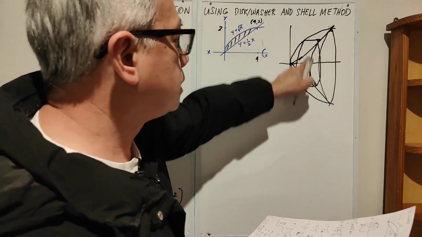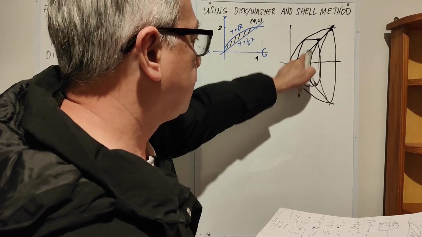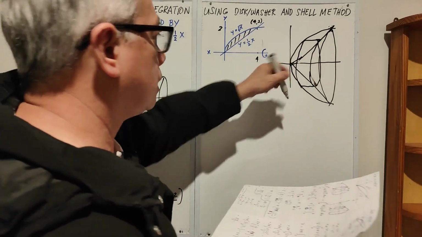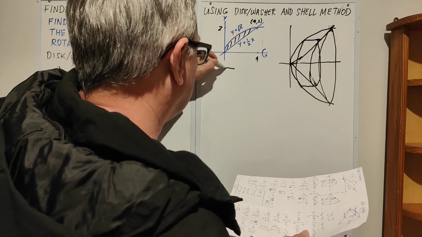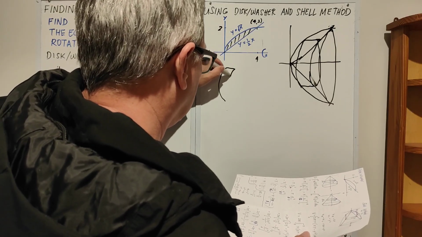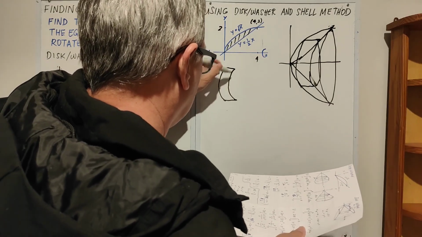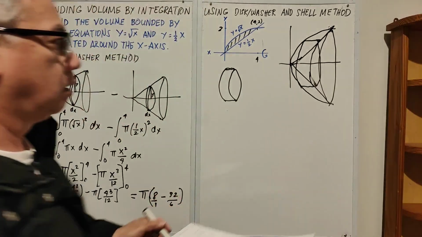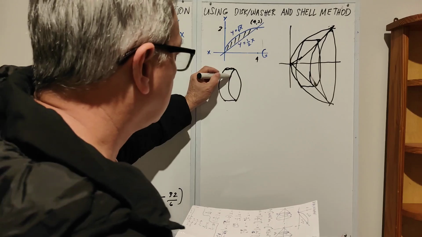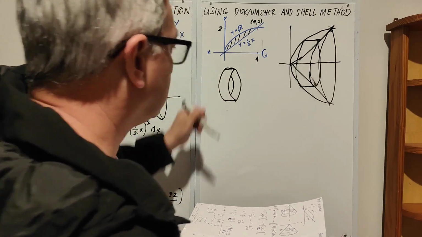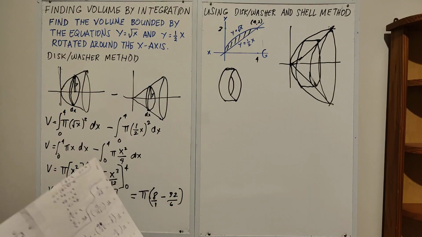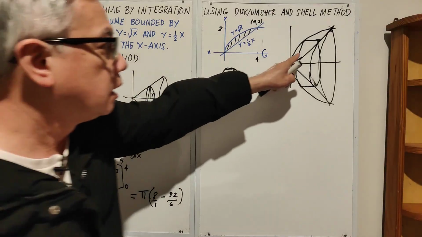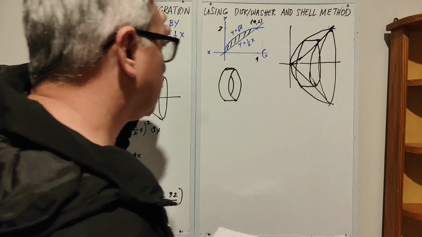Now I'll just separate the shell, the cylinder, so it will be looking like this. So that will be your shell, the slice that you want to get the area.